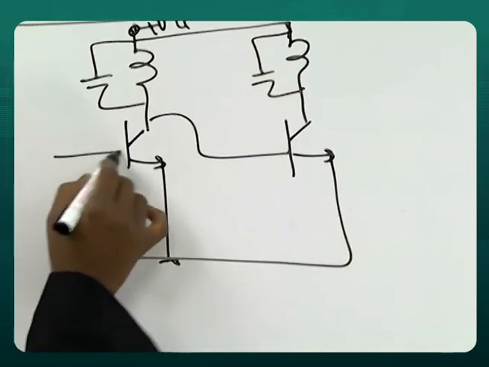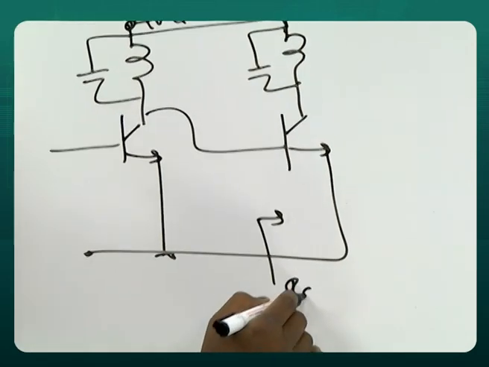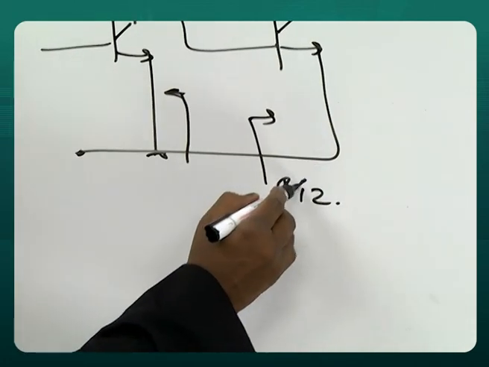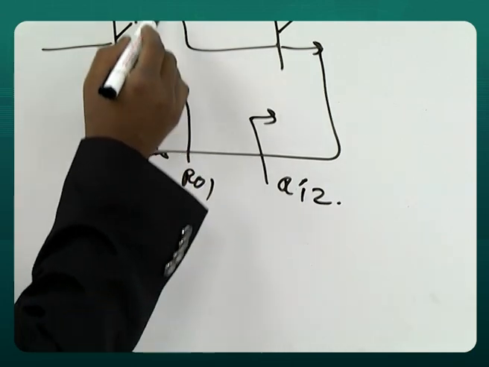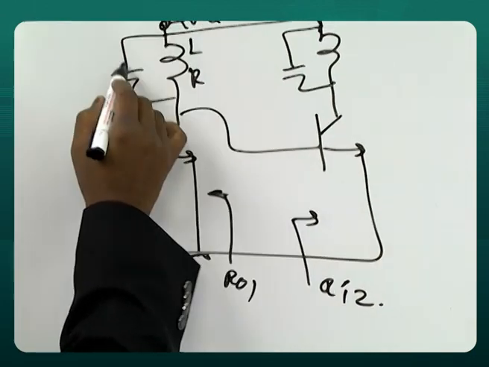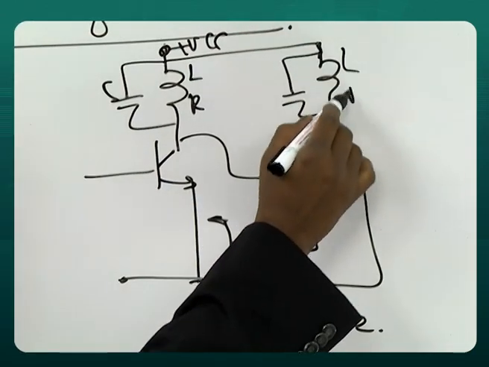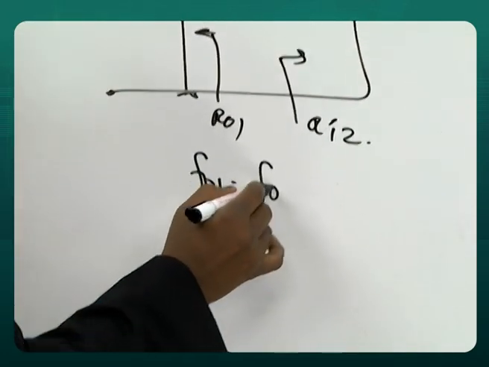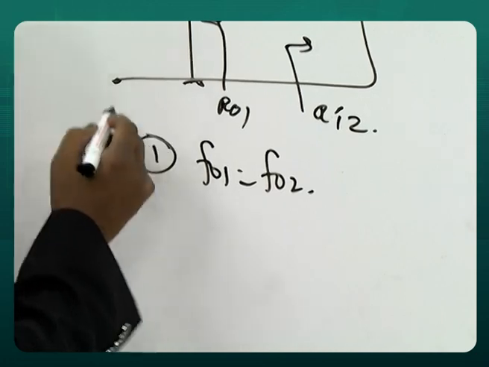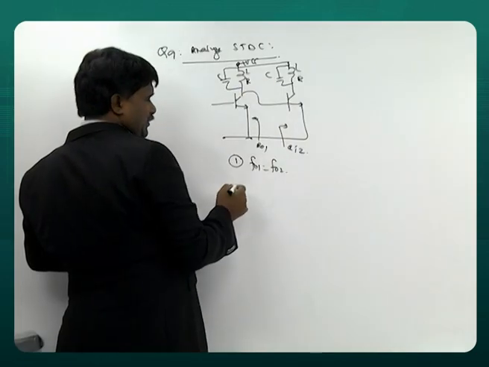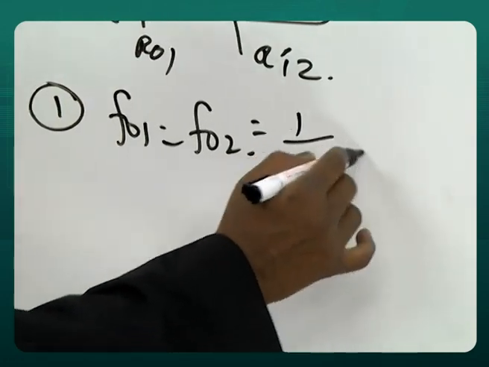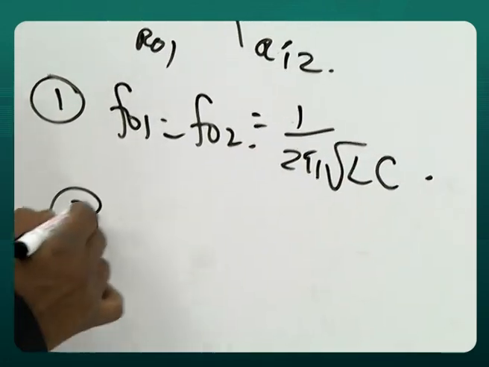Like this, for example, call this as R02, RI2, R01. Because F01 is F02, all are identical. That is 1 by 2 pi root LC.